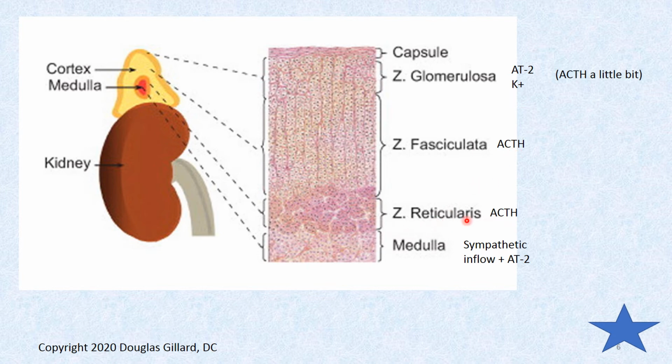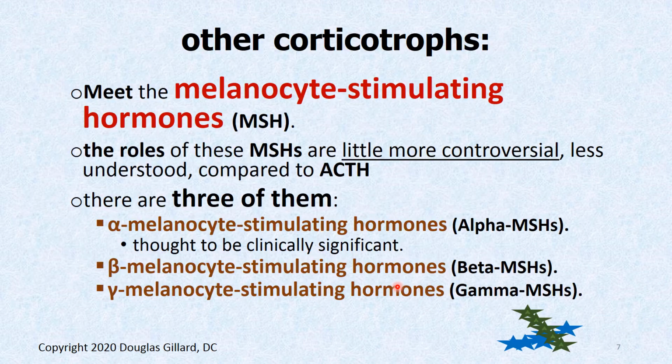And zona reticularis releases DHEA, or you could say androstenedione, whichever way you'd like to say it. The medulla is stimulated by angiotensin 2 and sympathetic inflow to release the catecholamines, epinephrine, norepinephrine, and a little bit of dopamine. All right, there's your review there.